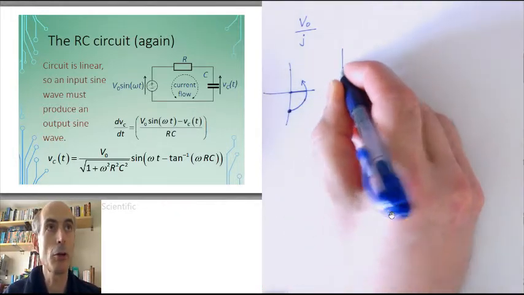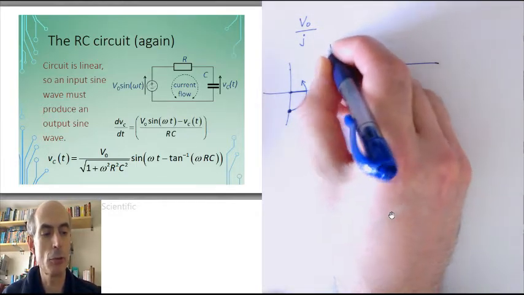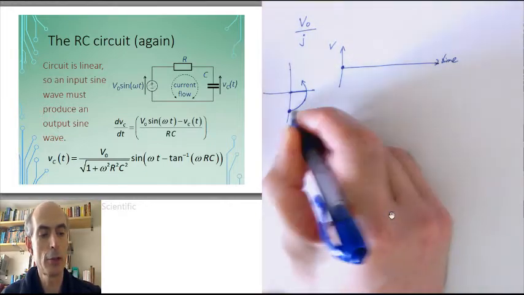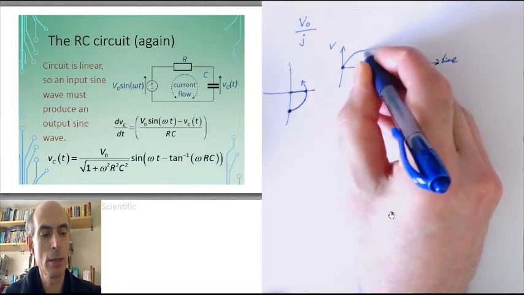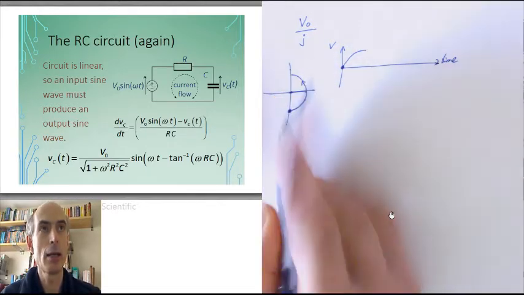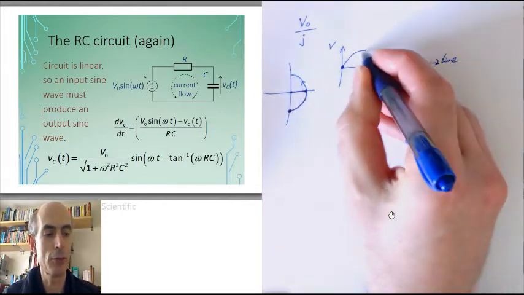On a time plot, that would start at 0. If this is amplitude volts and this is time, that means we'd be starting at 0, going positive up to V0 there. And then the real part would drop back down to 0 again as the cissoid ended up back at the positive imaginary axis.